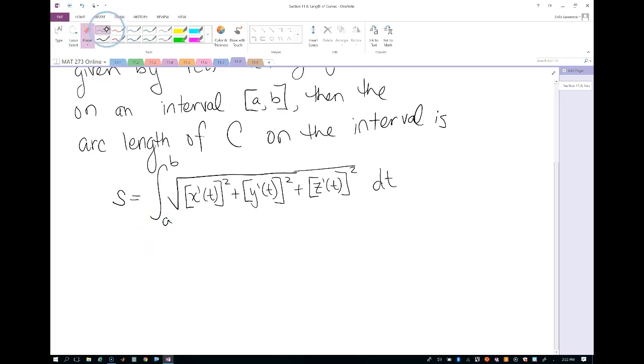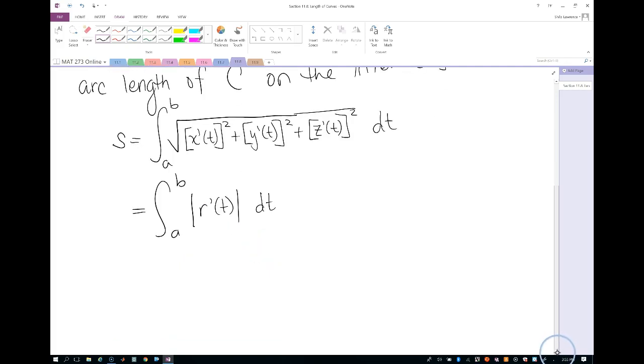So this is equal to the integral from a to b of the magnitude of r prime of t dt. So it's pretty simple and straightforward.